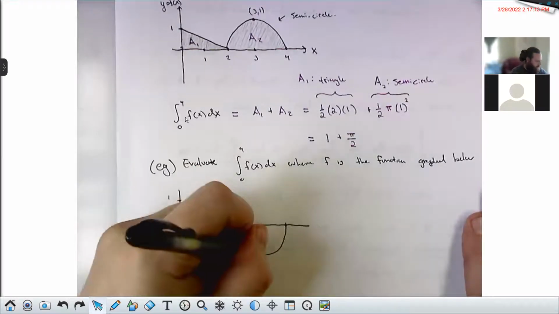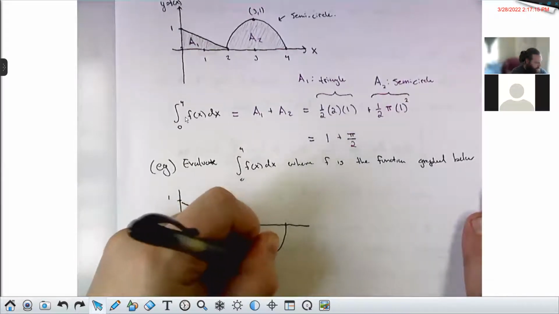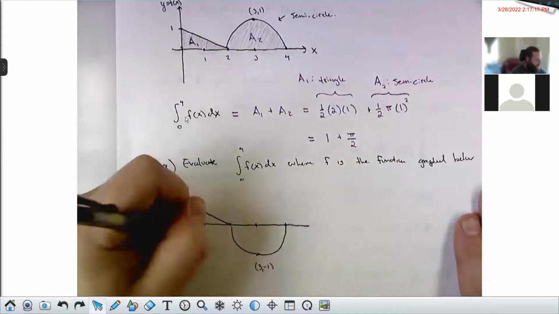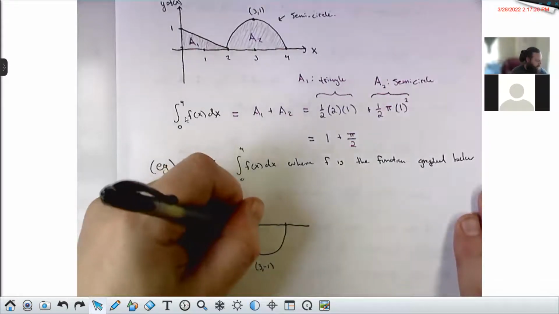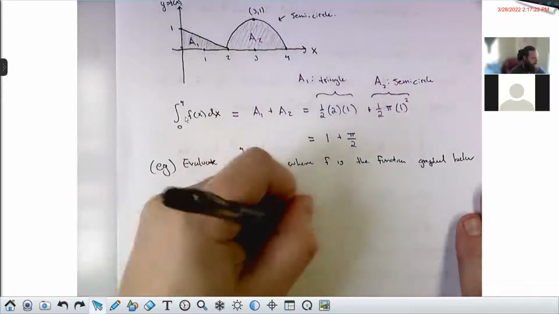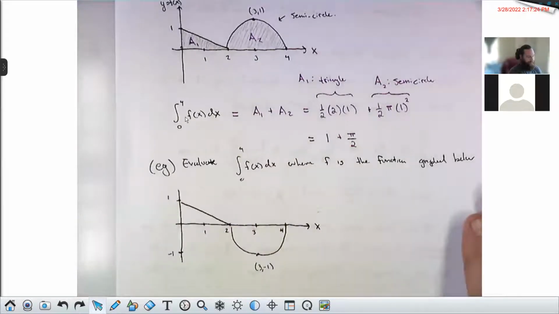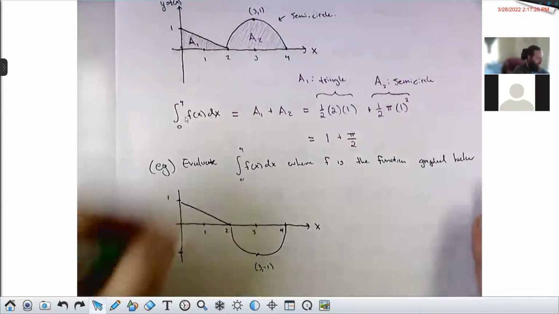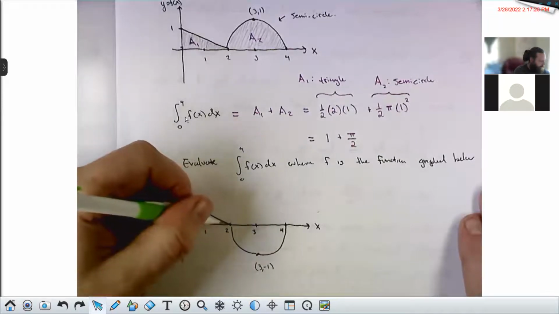Again, this is a semicircle. This point now is 3, -1. This is 1, 2, 3, and 4 along the x-axis. Very similar.